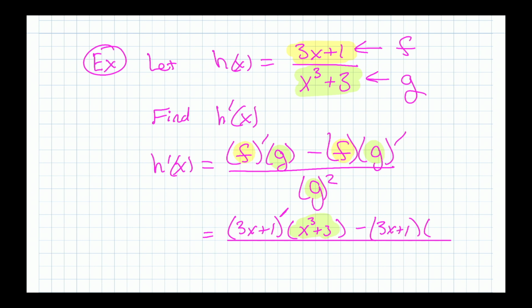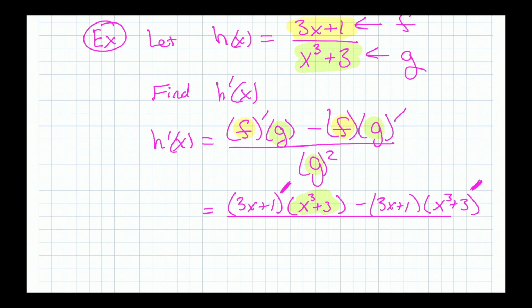And then we've got g, which is x cubed plus 3 prime. So two of the terms have a prime, that's it. And then in the bottom, that's another g, you've got g squared, so that's x cubed plus 3 in parentheses squared.